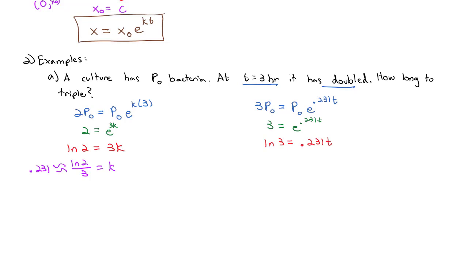And dividing both sides by 0.231, time is equal to the natural log of 3 divided by 0.231. Well, if I plug that into my calculator, we get that the amount of time it takes for the population to triple is 4.76 hours.